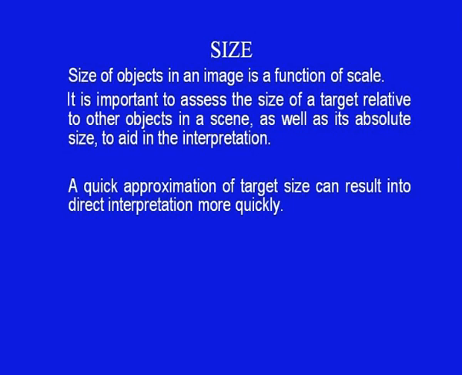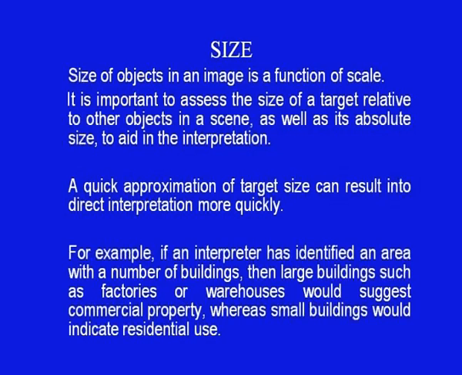A quick approximation of the target size can result in direct interpretation more quickly. For example, if an interpreter has identified an area with a large number of buildings, then large buildings such as factories or warehouses would suggest a commercial property, whereas small buildings would indicate residential use.